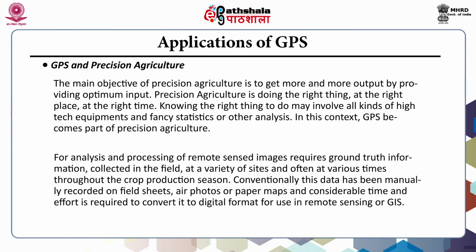It requires ground truth information collected in the field at a variety of sites and often at various times throughout the crop production seasons. Conventionally, this data has been manually recorded on field sheets, air photos, or paper maps, and considerable time and effort is required to convert it to the digital format for use in remote sensing or GIS.